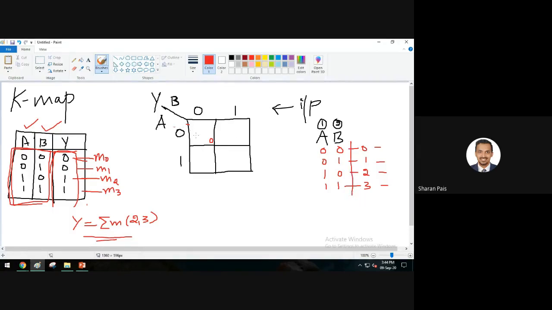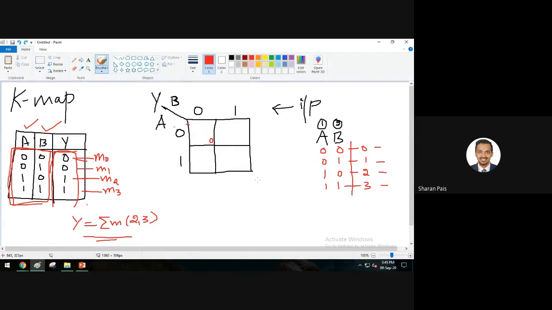Fine. So 0, 0, then 0. So 0 and 1, that is position number 1. Then 1 and 0, what is that? 2. Then 1 and 1, then it is 3. This is one more position.